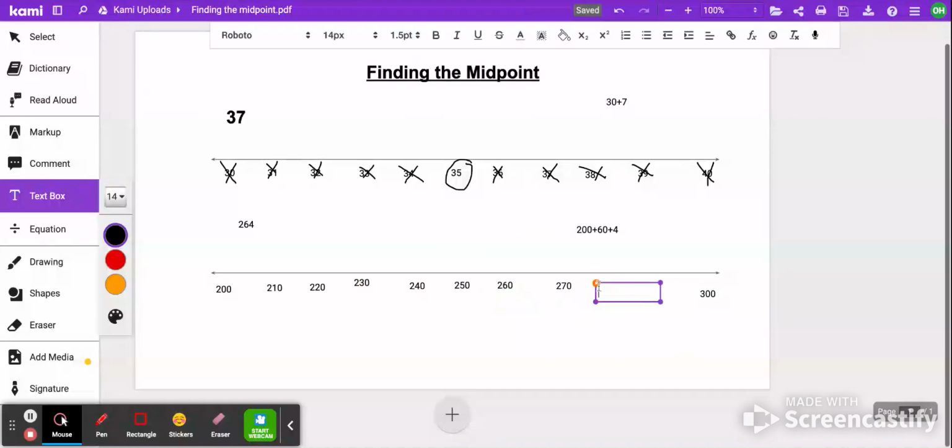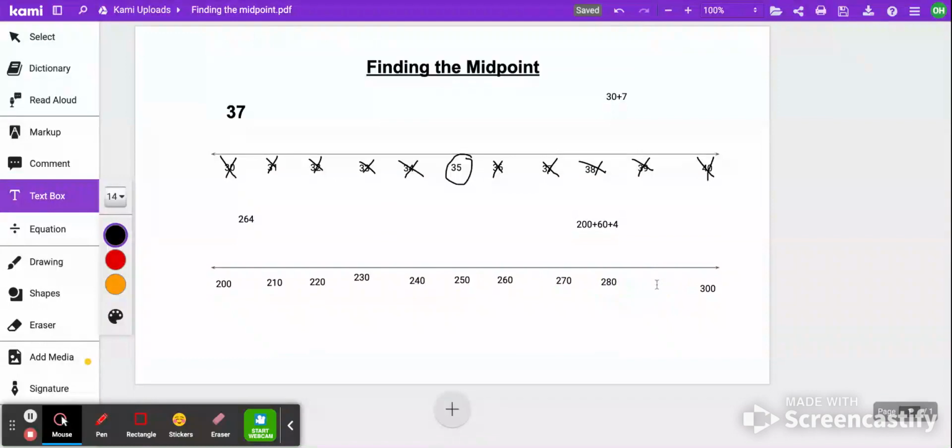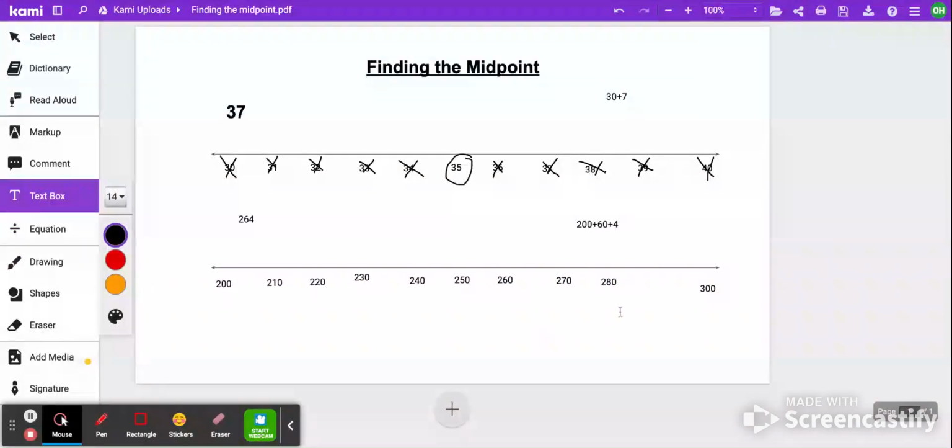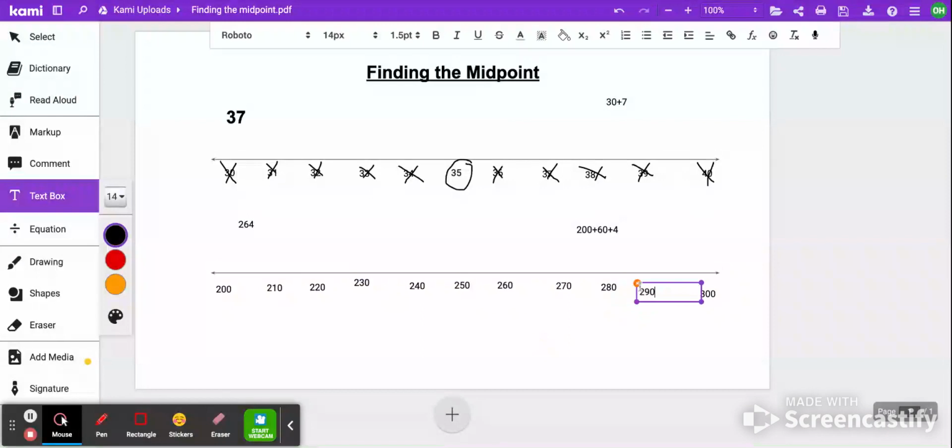Okay, and the next one would be 280. Okay, and then we have 290. All right, let's see if we can grab this text box again. All righty, and 290. Make it a little smaller. And then just try to spread them out so they're kind of even.